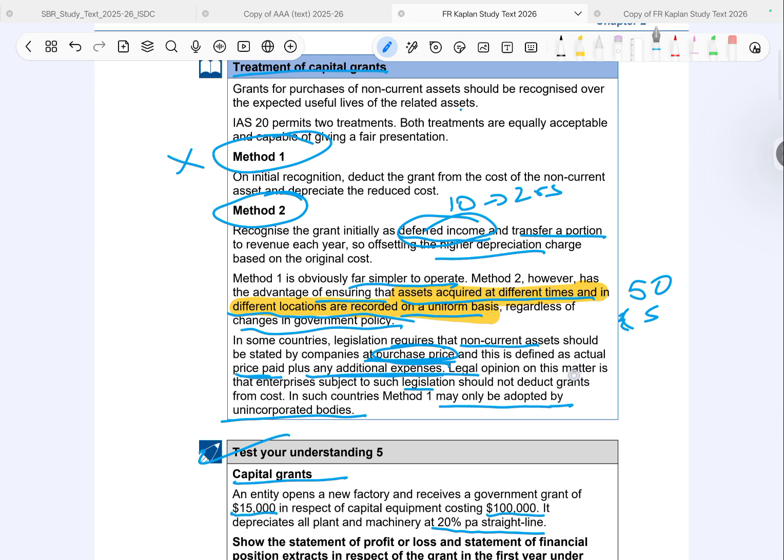Legal opinion on this matter is that enterprises subject to such legislation should not deduct grants from cost. In such countries, method 1 may only be adopted by unincorporated bodies. So in most countries, we have to recognize our non-current assets at the purchase price only. We cannot directly deduct grants from them, so obviously we cannot use method 1 in those countries. It can only be used by unincorporated bodies, but other than them, no one can use method 1. So obviously they'll have to use method 2.